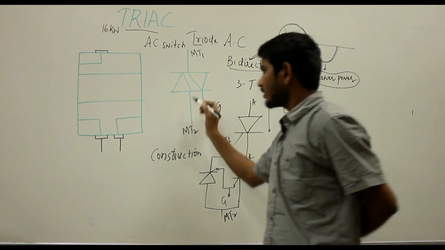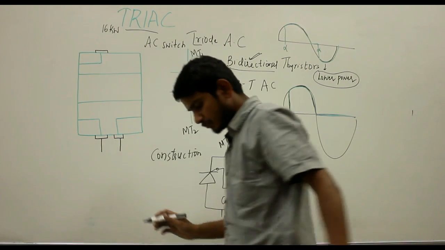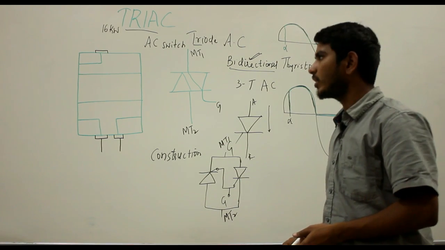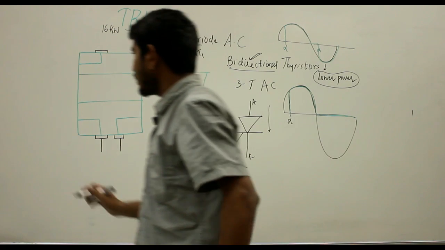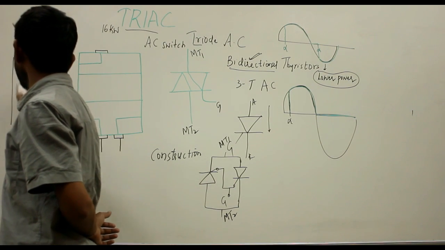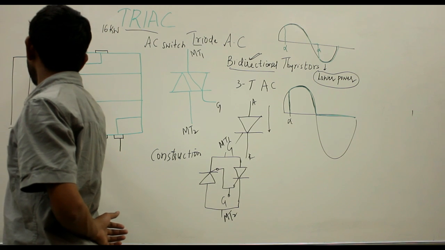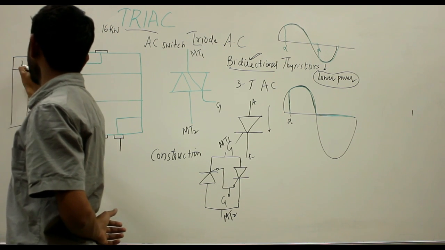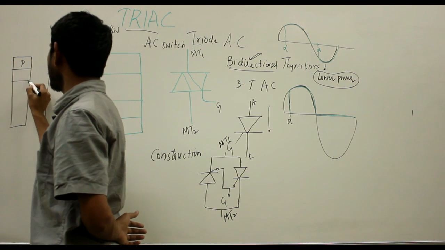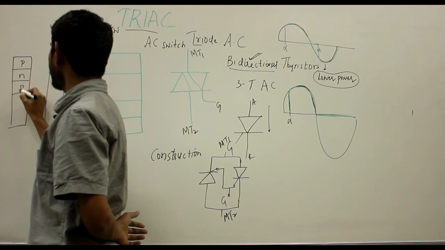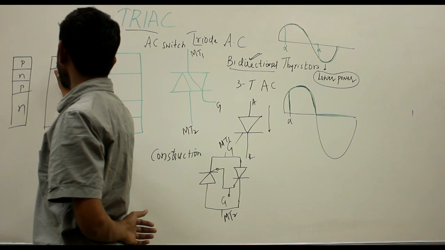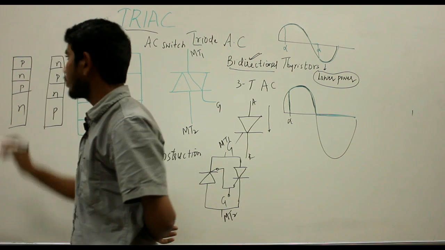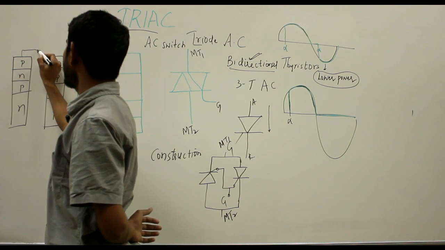So basically, this is nothing but a 3-terminal 4-layer bidirectional semiconductor device. It can be represented like this: a 4-layer device with alternating P type and N type material, doped N, P, N, P, N, P. Here you have your MT1 terminal.